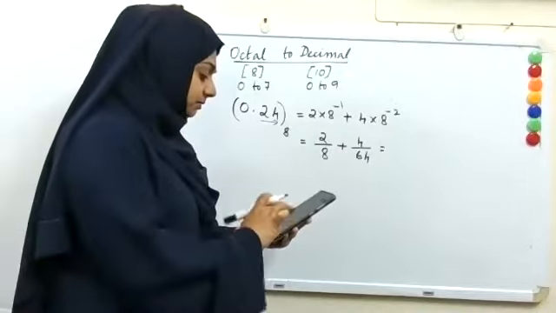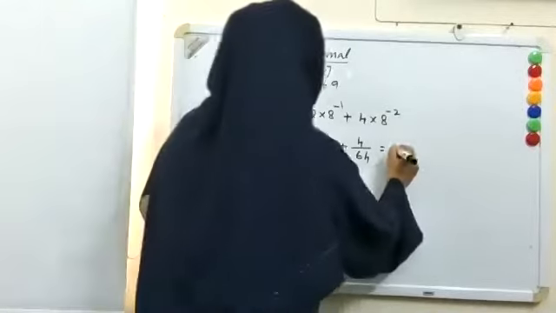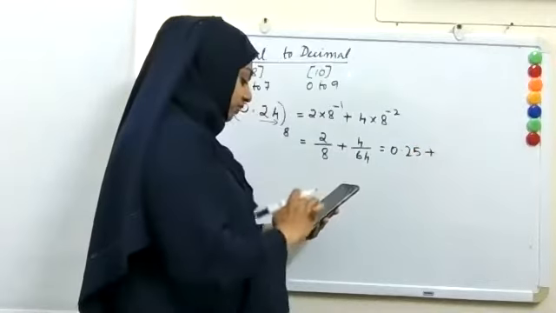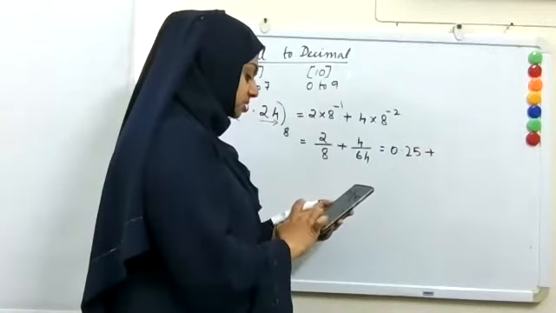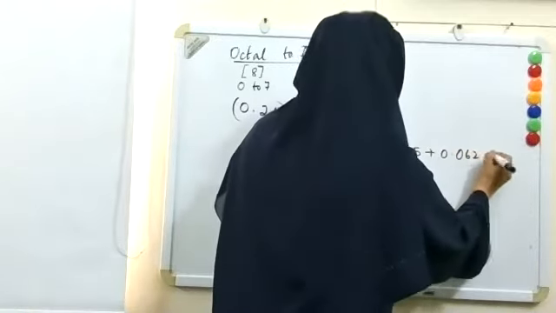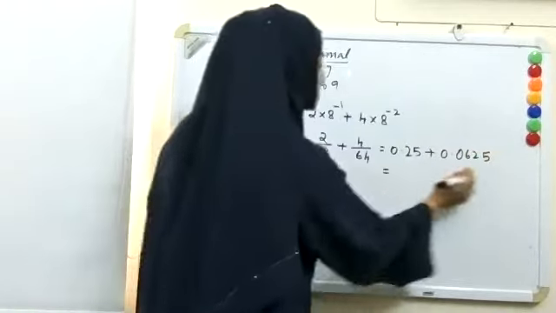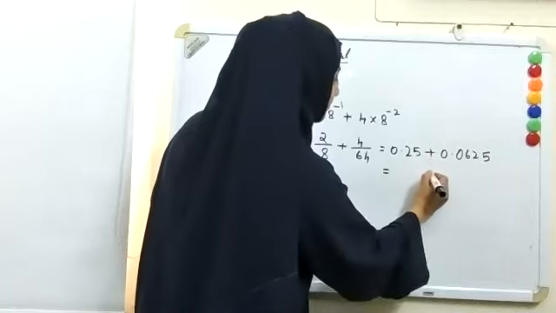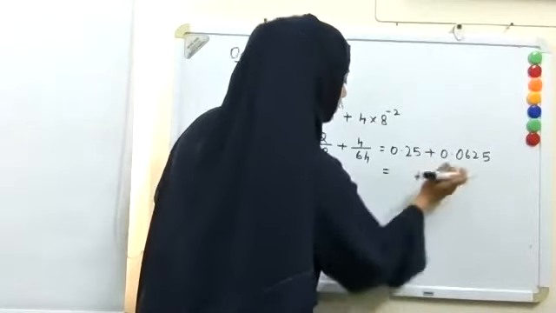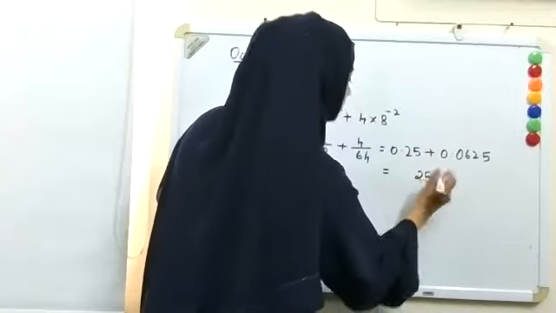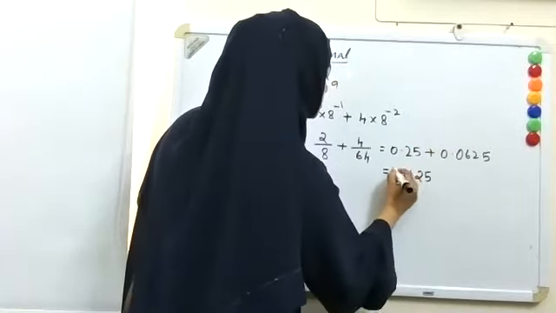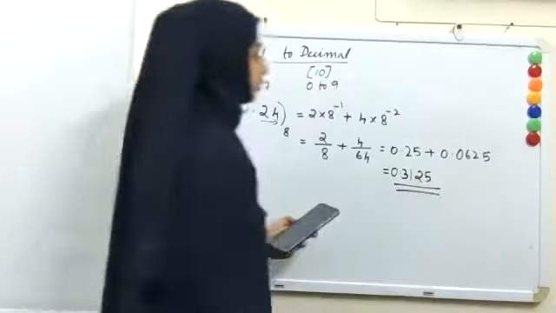So 2 divided by 8, you will get 0.25, plus 4 divided by 64, you will get 0.0625. Then you can add these, and you will get 0.3125.